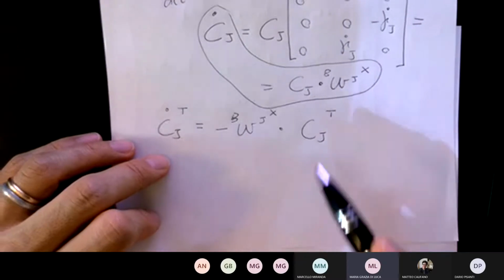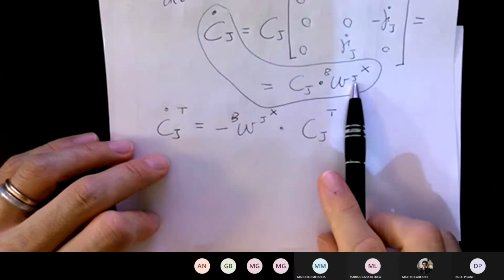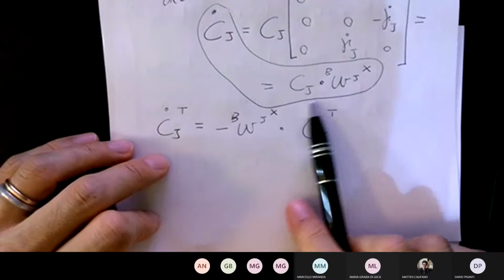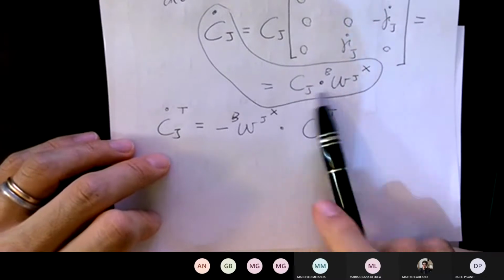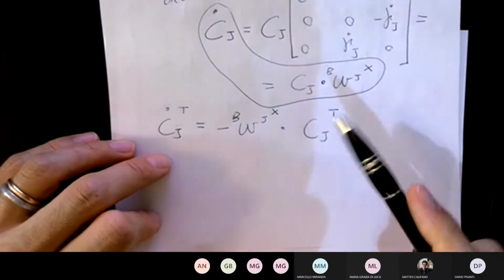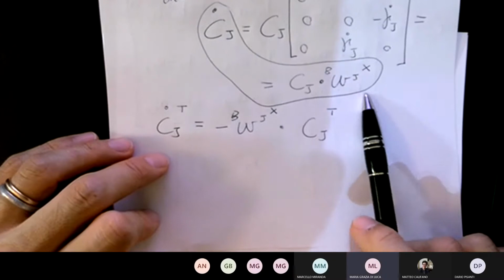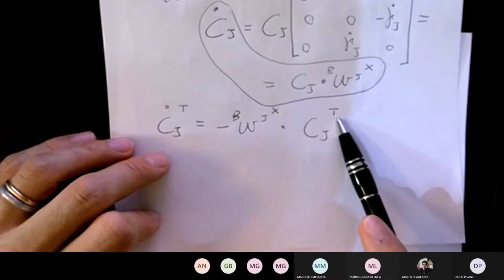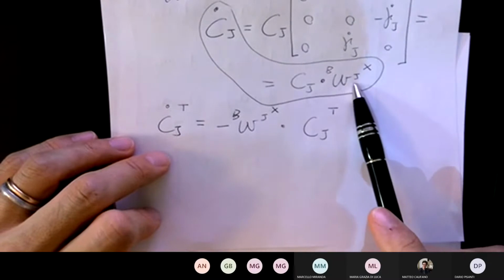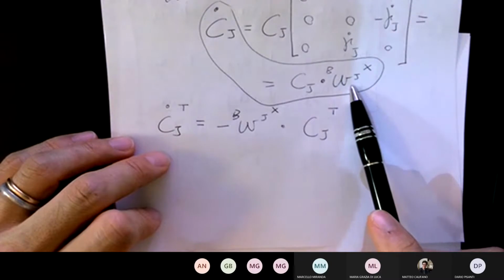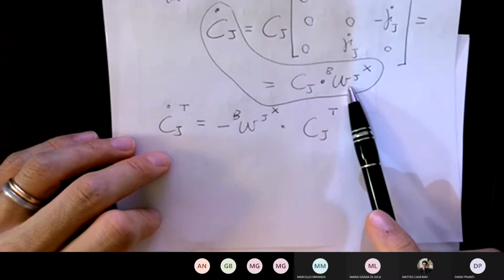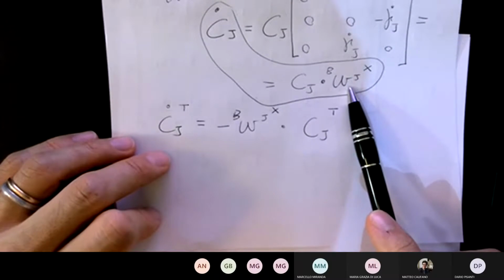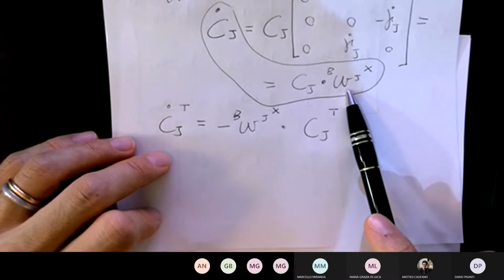So if I transpose both sides of this, when you have matrices and vectors that are multiplied and you transpose, you invert the order and transpose, right? Yes. Okay, so this is why Cj becomes Cj transpose. And when you transpose a skew-symmetric matrix, you basically just change the sign, it's the same thing.